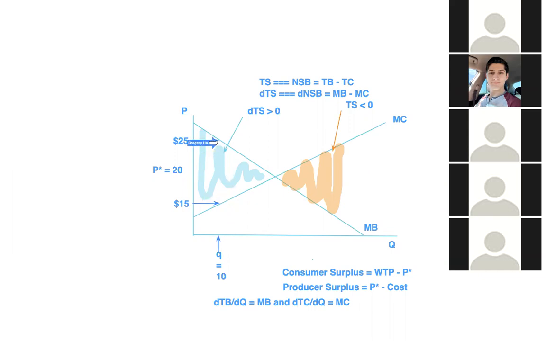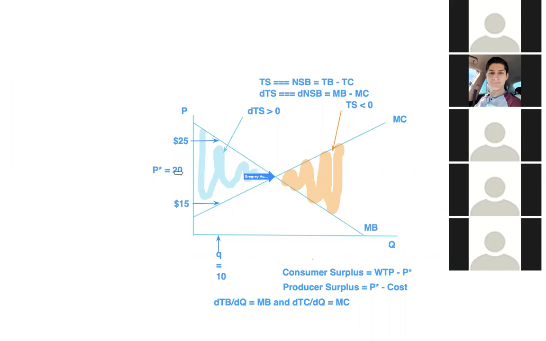So if they're $10 here, it's smaller here, and then still smaller and still smaller as we increase production, to eventually the gains from trade for that last unit are what?